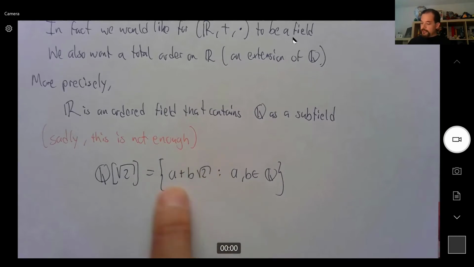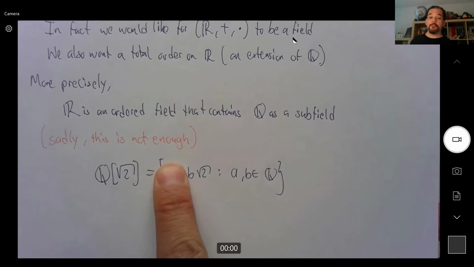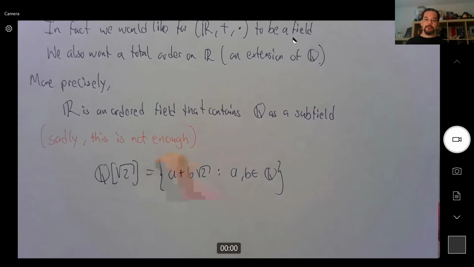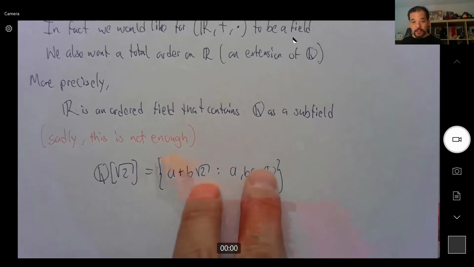You can also make a 0. So you also have any rational number times the square root of 2. So for example, 2 times the square root of 2 is there. 10 times the square root of 2 is there. Negative 3/16 of the square root of 2 is there as well. But also the combinations you can create with these two. So 1 plus the square root of 2 belongs in here as well.